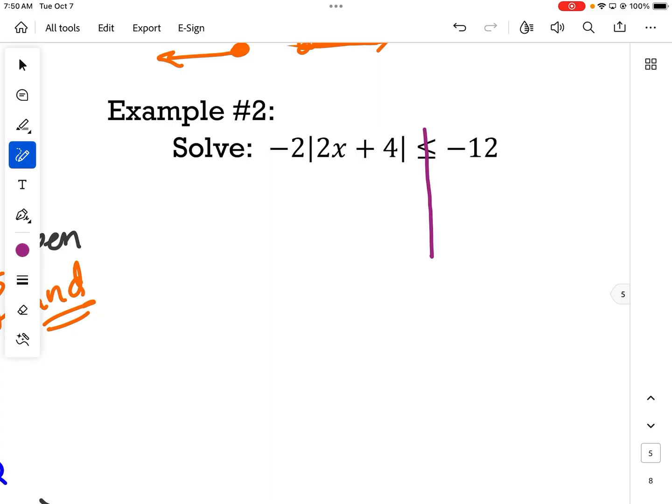What do we need to do to get the absolute value alone? Divide, because this is the operation to multiply. So then the opposite would be to divide by -2. So then, yeah, we got to switch that sign. So it's going to be absolute value of 2x plus 4 is now greater than or equal to 6.